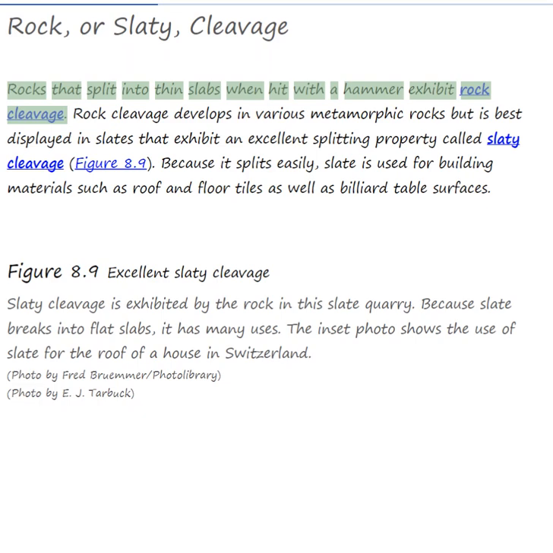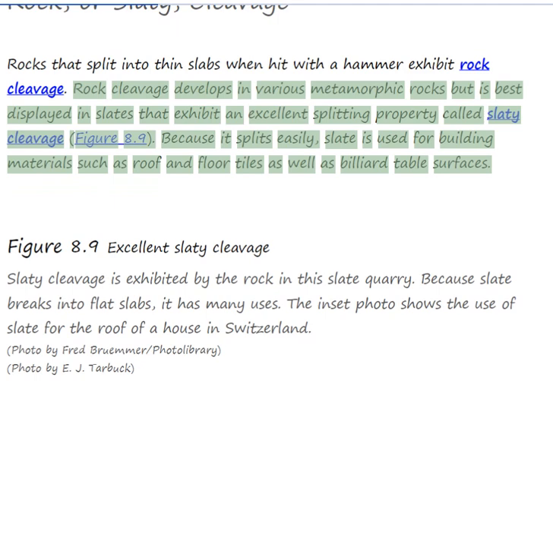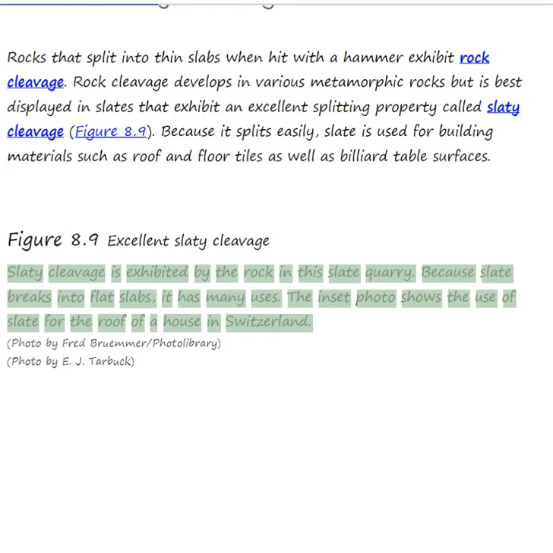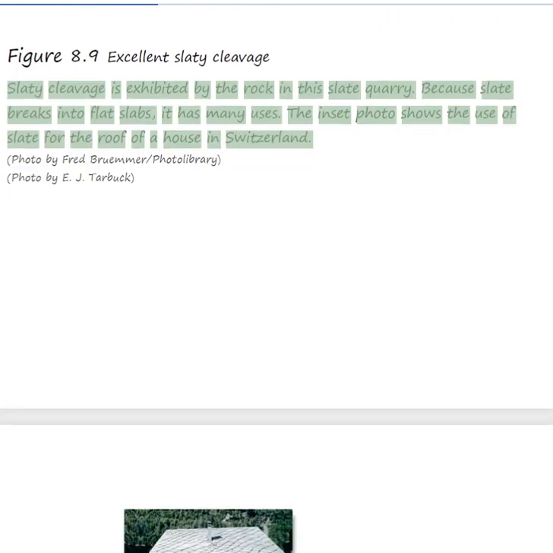Rocks that split into thin slabs when hit with a hammer exhibit rock cleavage. Rock cleavage develops in various metamorphic rocks but is best displayed in slates that exhibit an excellent splitting property called slaty cleavage. Because it splits easily, slate is used for building materials such as roof and floor tiles as well as billiard table surfaces.